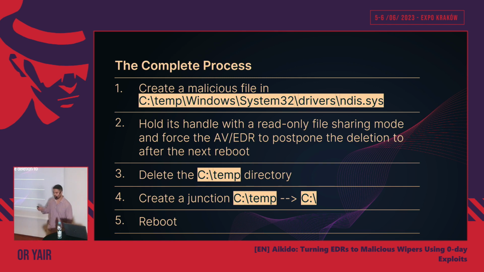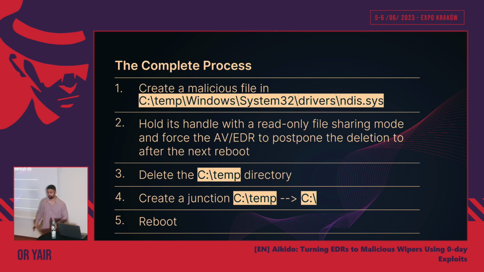So if I, again, will take a look at the endthis.sys file example, then in order to achieve that, I needed to create the path C:\temp\windows\system32\drivers\endthis.sys. In that file, place some malicious content, then hold the handle to it with a file sharing mode of read only and force the antivirus or the EDR to postpone the deletion to after the next reboot.